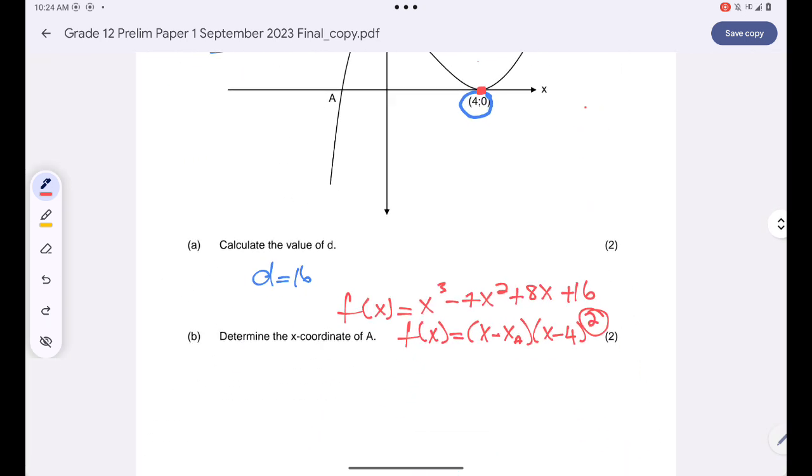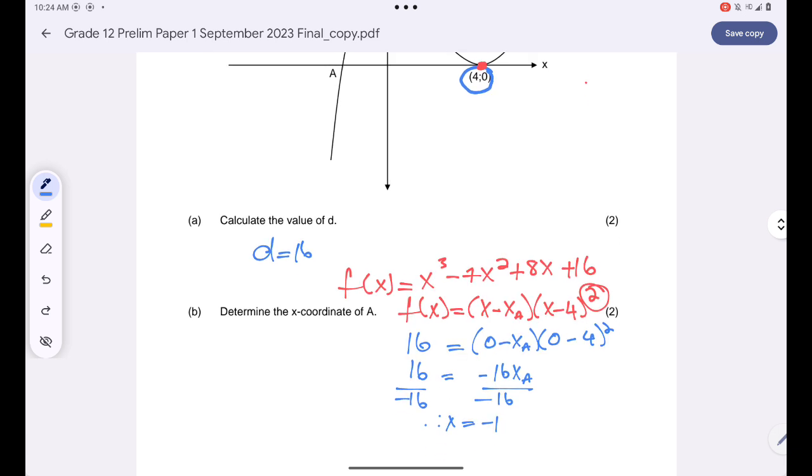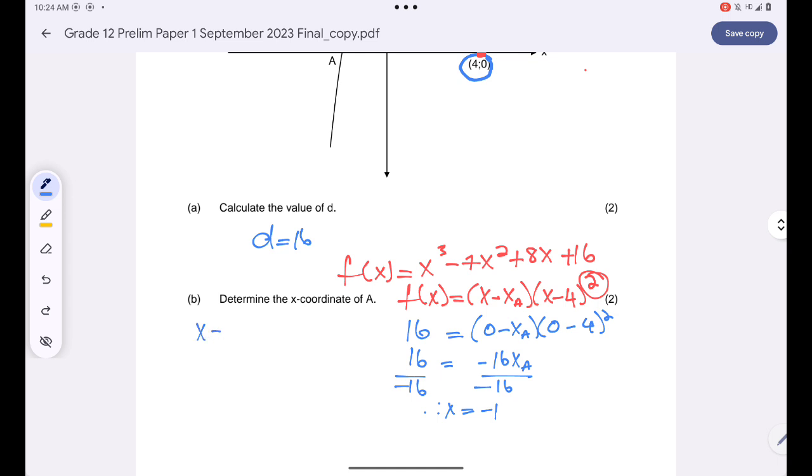So y is 16 if x is equal to 0. So now we can simplify the x value at A. This will just give us 16 is equal to negative 16 times the x value at A. Divide both sides by negative 16, and therefore x is just equal to negative 1. So the x-coordinate at A is just negative 1.